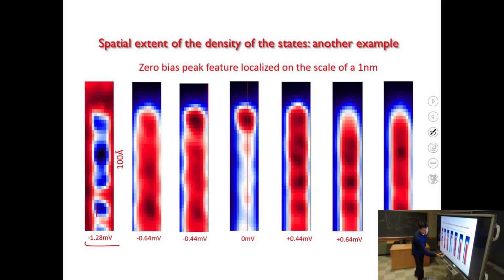So at zero bias, with their spatial resolution, where they can scan the tip along the chain, they see that there is a larger conductance, and it's larger at the end of the chain. So where you expect the Majorana, they have a highly localized large conductance region, and they have stated that they consider this to be a signature of Majorana Fermions.